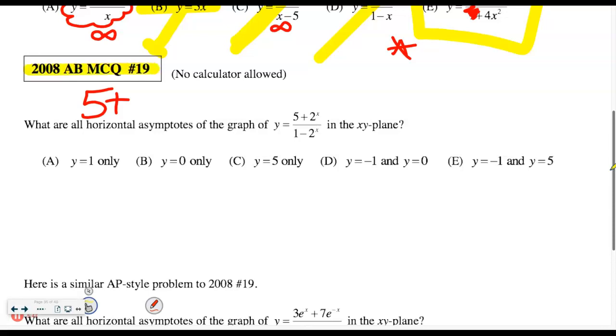It's the only AP test in history, and they go back to 1962, I think, where a problem got thrown out. Normally there's 45 multiple choice questions. It must have been about 5 years ago when my class took the 2008 as a practice because it's a public exam. I had my kids go to the scoring thing and somebody said, why is it out of 44? I was like, I don't know, I've never seen that before.